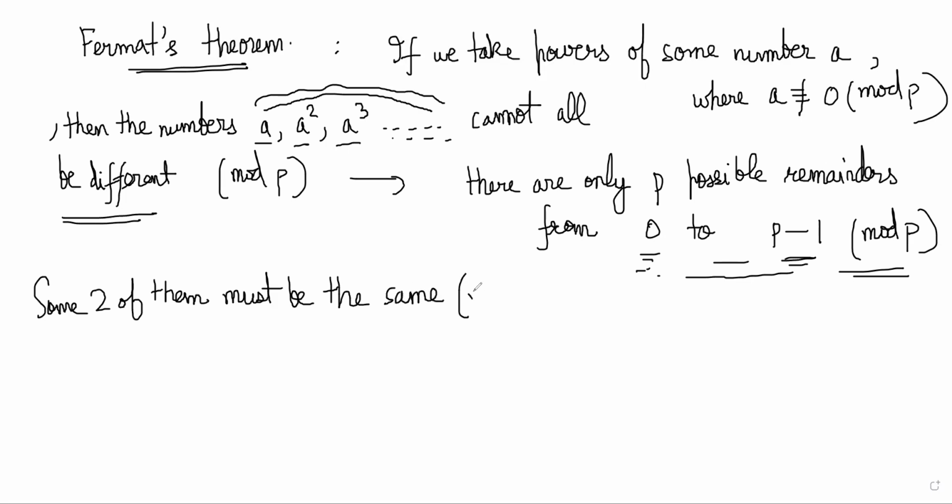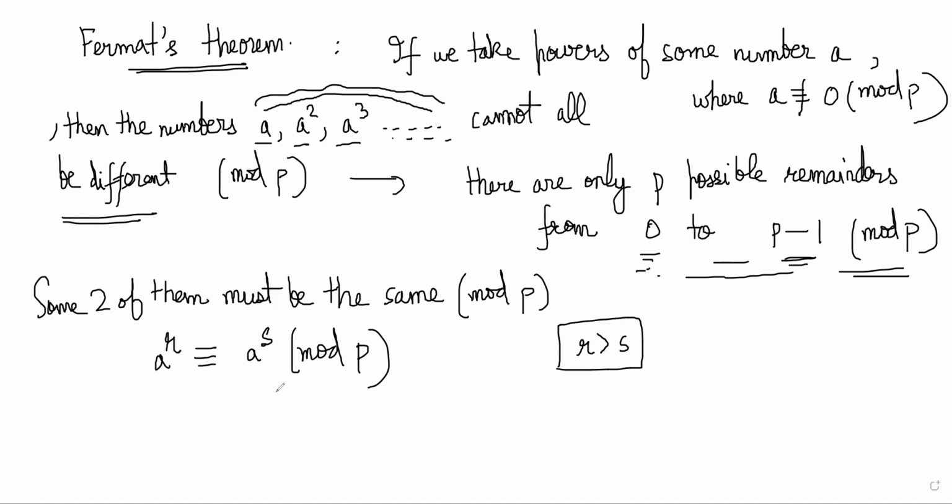modulo p, right? So let's say the two powers that are the same are a^r and a^s. So a^r and a^s are congruent modulo p. And assume that r is greater than s without loss of generality. So then we can divide by a^s on both sides. Why can we divide? Because a is not congruent to 0 mod p, so we can do the division without worrying about the GCD of a and p, right?